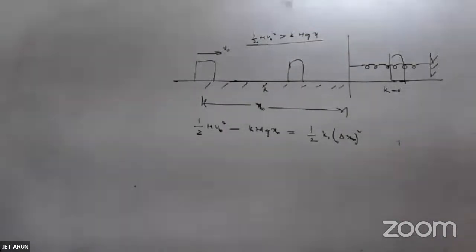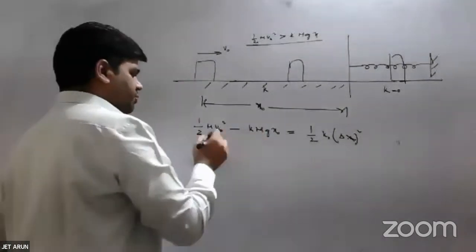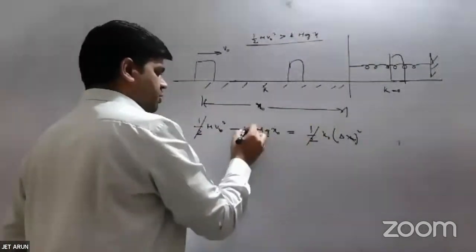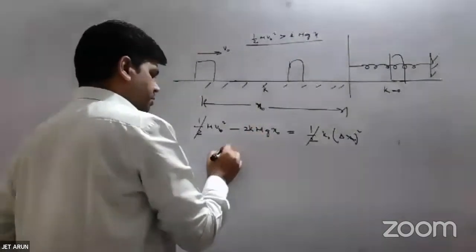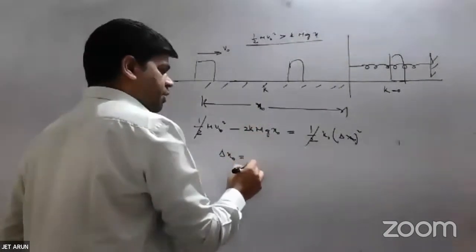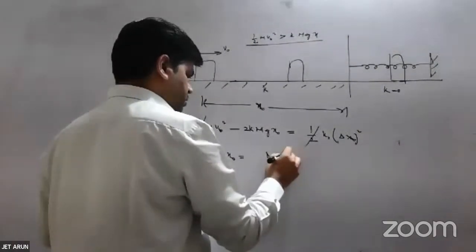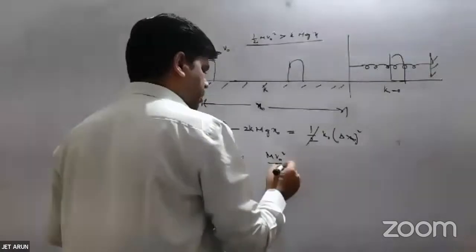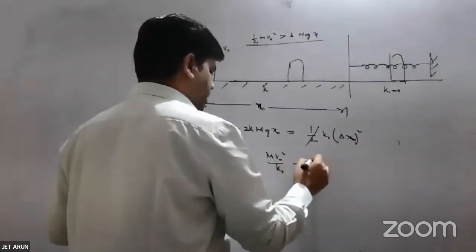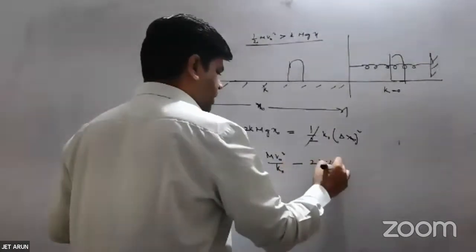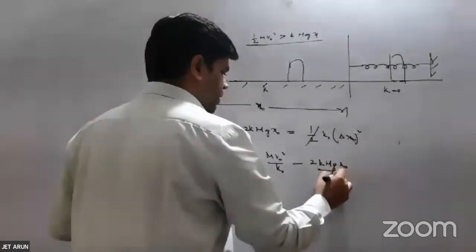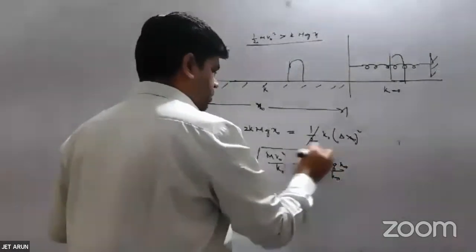So what is the first compression in the spring? This equation gives me the compression in the spring. So this 2 goes off. This becomes 2 here. So delta x naught is equal to root of m v naught square by k naught minus 2 mu mgx naught by k naught.